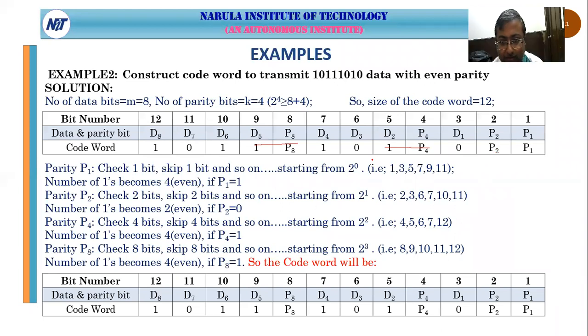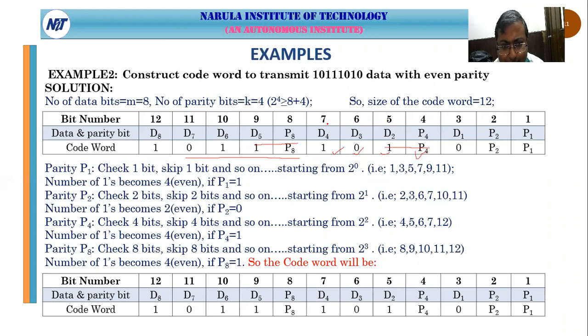For P4, check 4. Check 4, skip 4. Okay. So check 4 means this is 2. This is 2. Sorry. Check 4 bits starting from 2 to the power 2. So 4 bits, that is 4, 5, 6, 7.